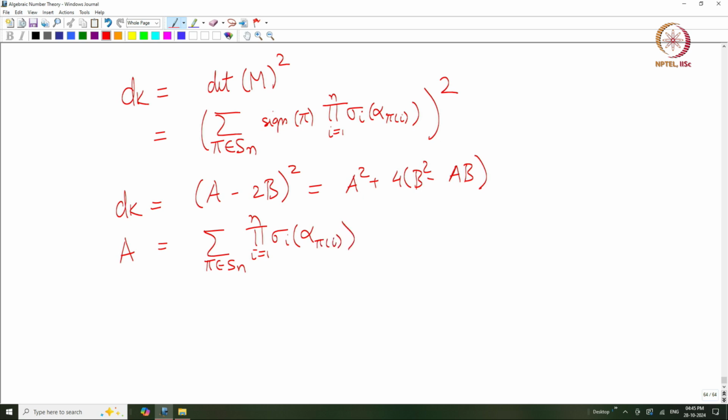So, it's like the determinant, but I have forgotten about the signs, and then b is you just take everything with odd permutations, so the product over pi in Sn with pi odd, and you again forget about the sign, but these are only half of the permutations. And so it is clear that determinant of M is a minus 2b, and that is why dk is a minus 2b whole square, and so I have written it like this.